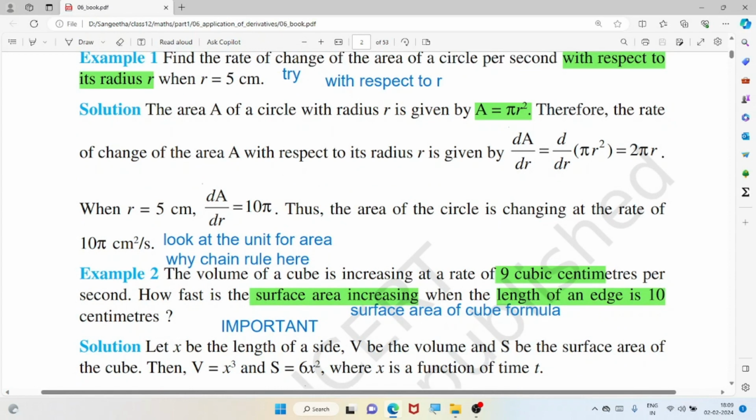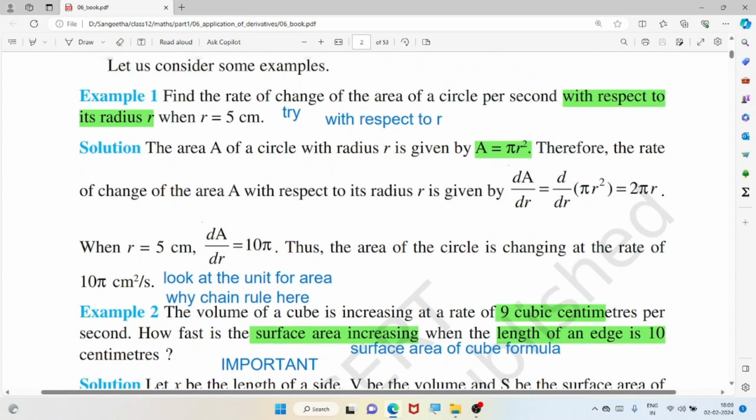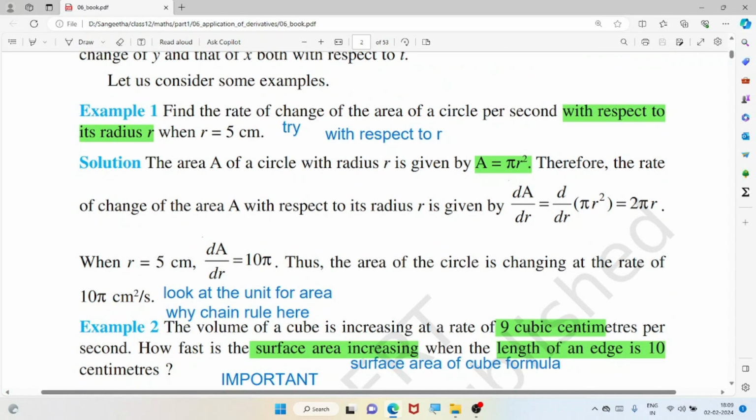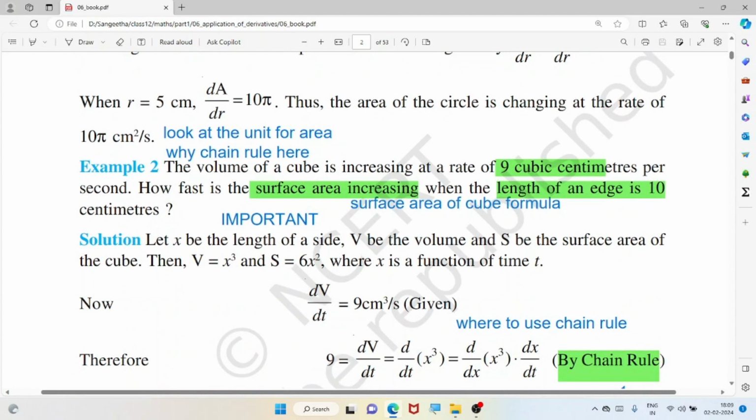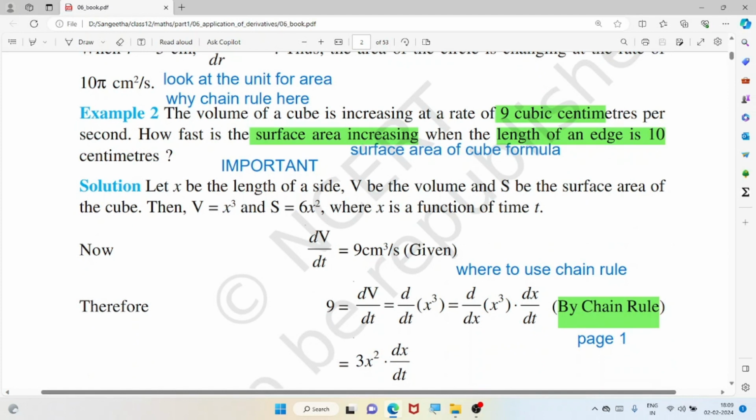Look at the unit here, 10 pi per centimeter square per second. Because they are asking rate of change of area per second. Area means cm square. If it is given in meter, it means meter square.